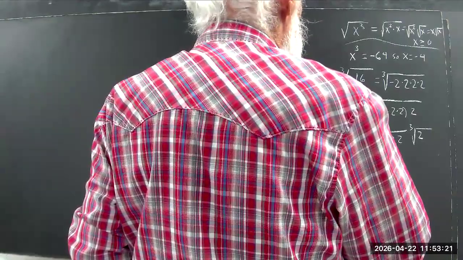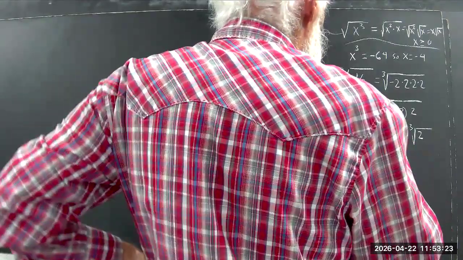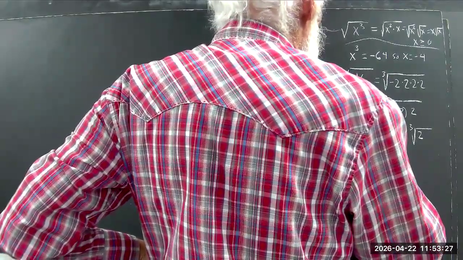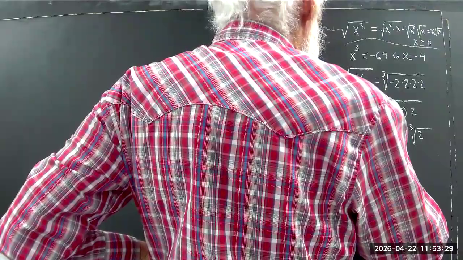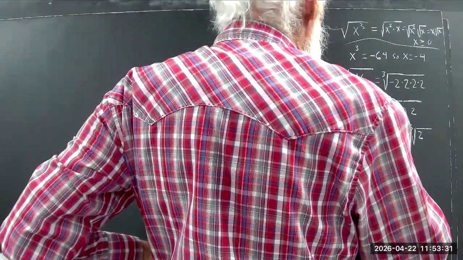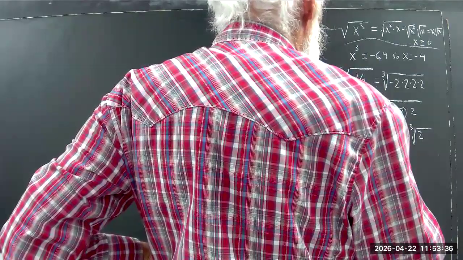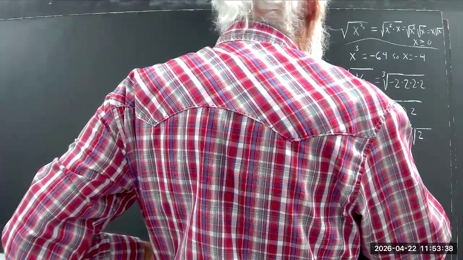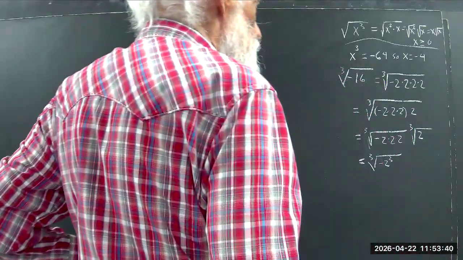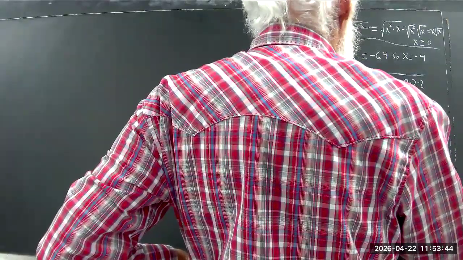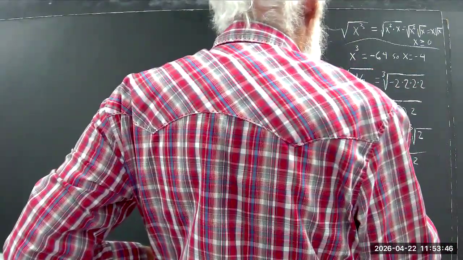And the cube root of negative 2 times 2 times 2. I'll even get a little bit more detailed here and write this. Well, that's the cube root of negative of 2 cubed times the cube root of 2.